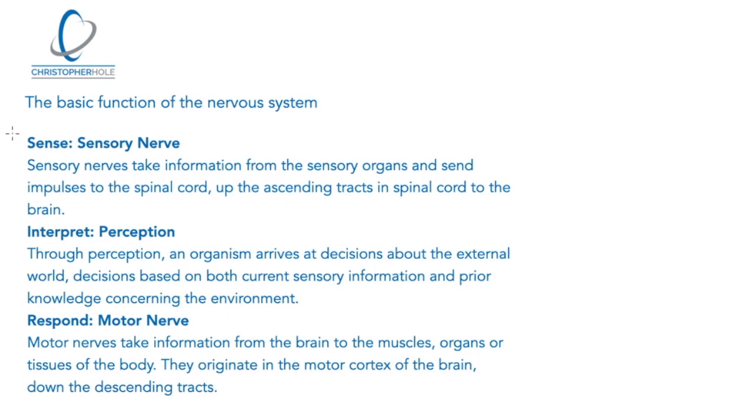So we talked about we've got a PNS and a CNS. Now, we sense, obviously, through the peripheral nervous system using a sensory nerve. So that's taking information from the sensory organ, the eye, and takes it into the spinal cord or the brain. And that's an important distinction which I won't describe now, but it doesn't always have to go into the brain.